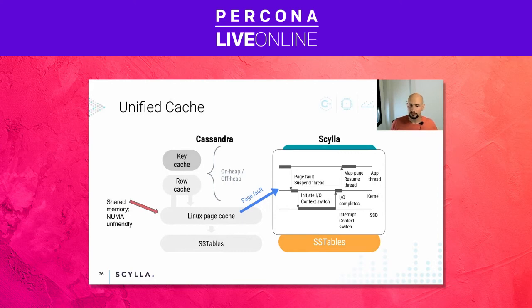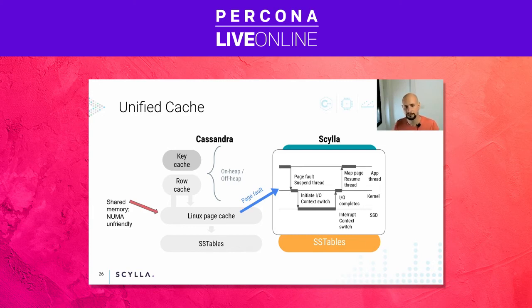One of the problems of running on Linux is that if you're using the Linux page cache or the networking layer of Linux, then the kernel itself has internal kernel threads that might destroy your memory locality. The Linux page cache, for example, is shared between all the processes and all the threads, and it's not NUMA friendly, unfortunately, because different processes or different threads might be running on different cores, and also the kernel is free to move the threads between cores.